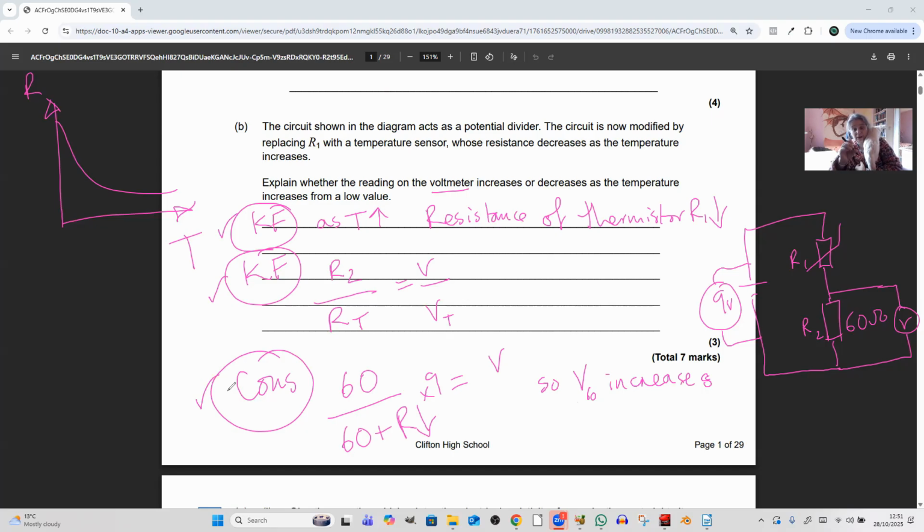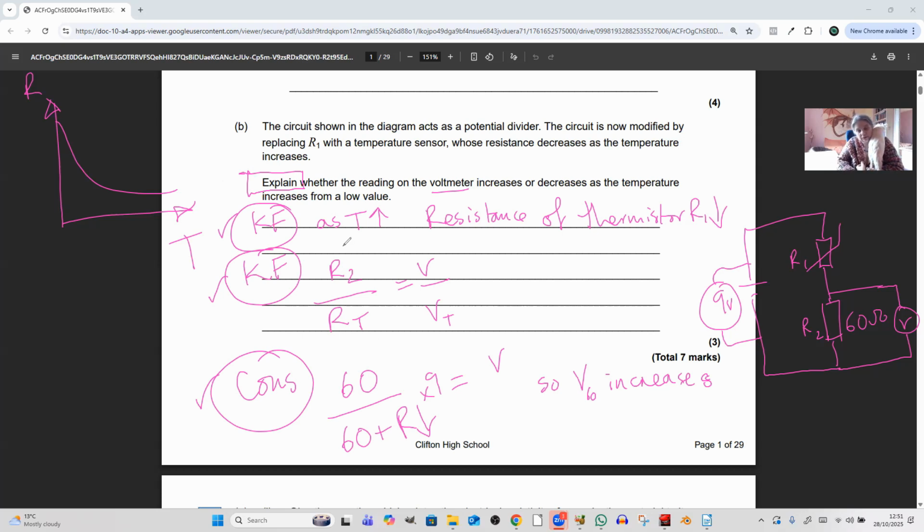And this explain what happens to the potential difference across a resistor in a potential divider circuit comes up every other year. So this one is one of the ones that it's a good idea to go away and actually learn by heart how you're going to write your answer.